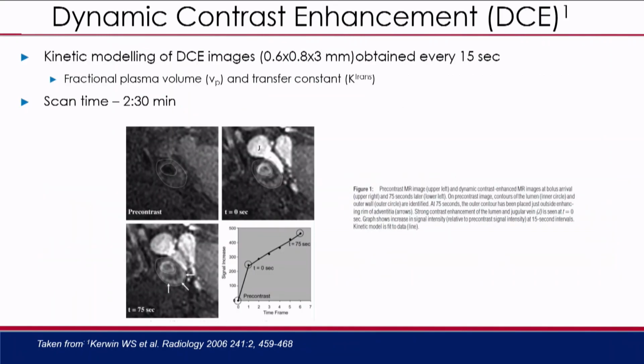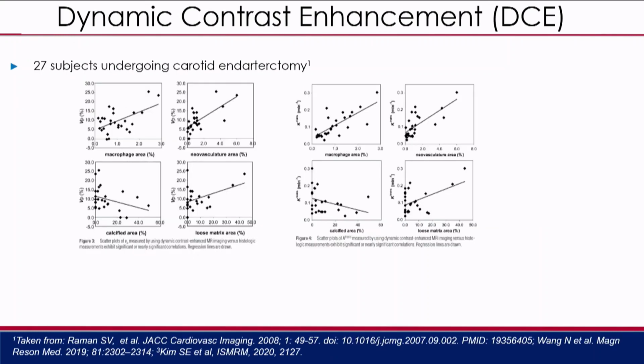Another technique that has been used is dynamic contrast enhancement. This group had looked at kinetic modeling of the DCE in plaques, looking at the fractional plasma volume, VP, and transfer constants, K-trans. And here you can see that when they correlate the data derived from in vivo against the analysis of the ex vivo tissue, there was a nice positive correlation between the presence of macrophages, both in VP and K-trans, neovasculature, and also loose matrix.